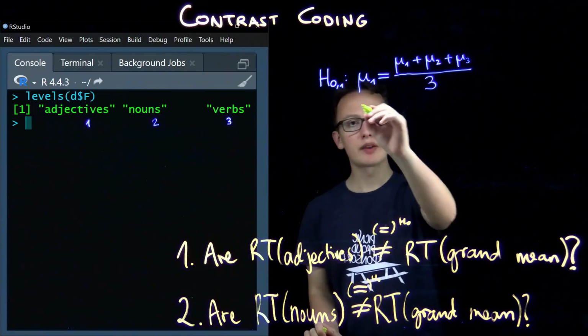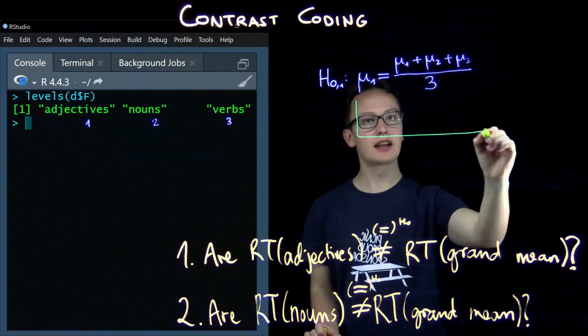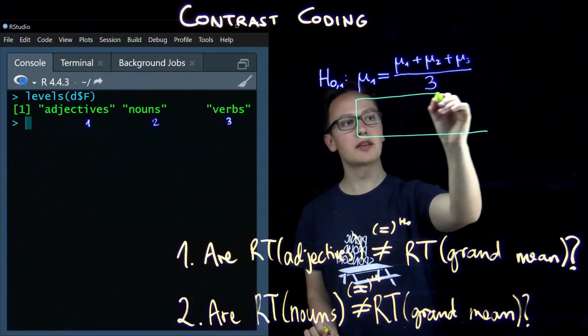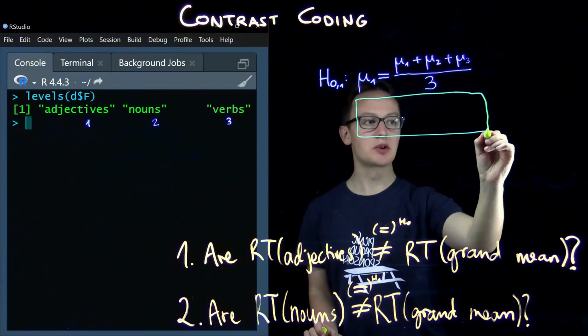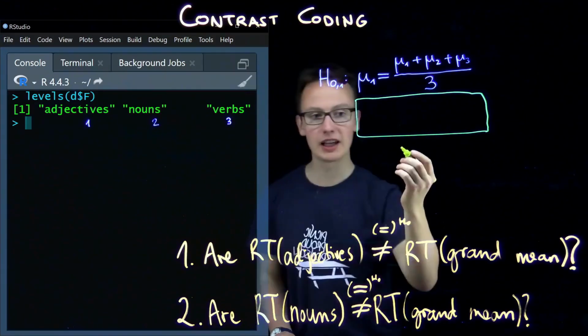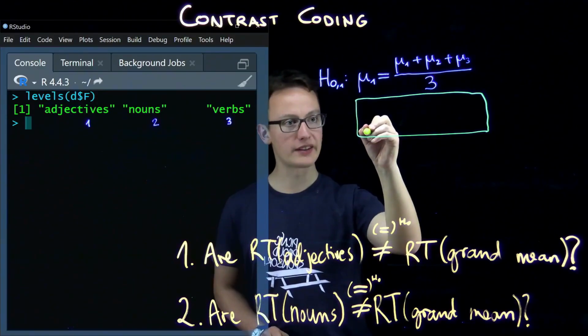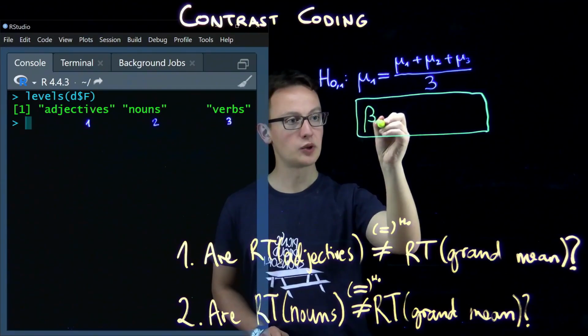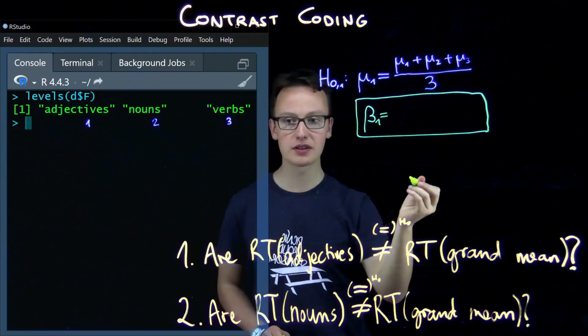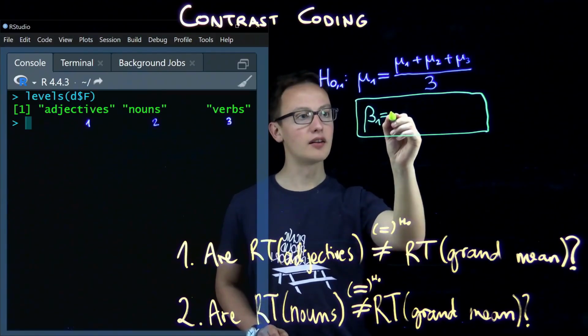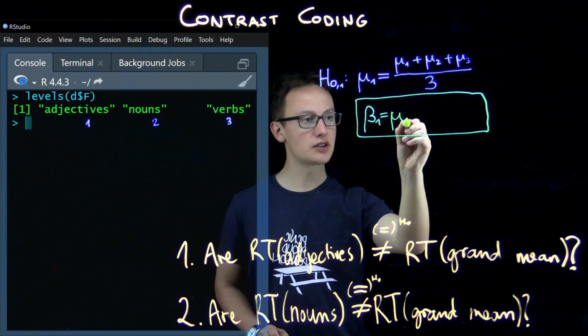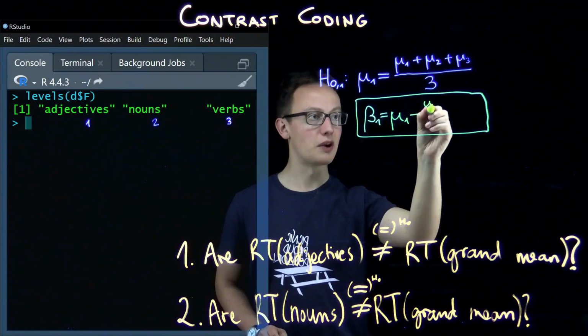By having this null hypothesis defined, I can now also deduce what the slope parameter is that I want to estimate and what it would mean. Namely, I want to find some slope beta 1, which quantifies precisely the difference between the mean of the adjectives condition minus the grand mean, okay?